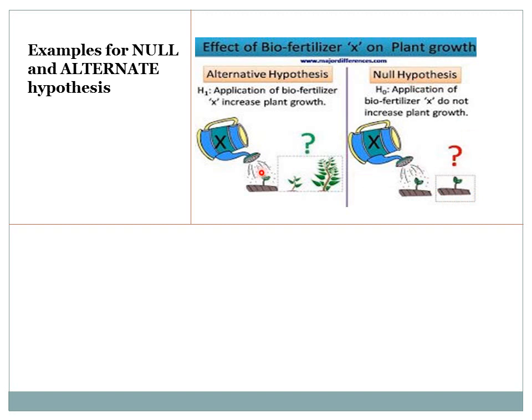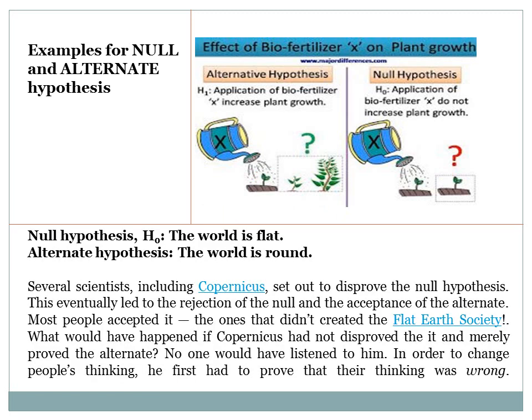That's it. Very clear? Okay, one more example I will take here. This is one of the basic examples. How I came to know is, normally when I was reading one book, I came across the scientist Copernicus who said that the world is round, correct?